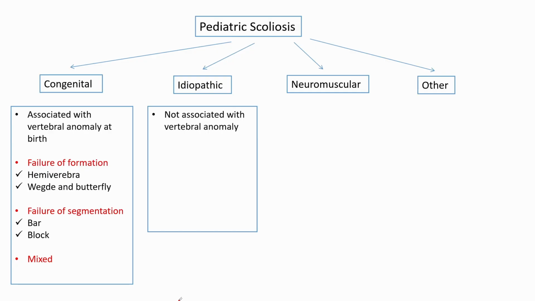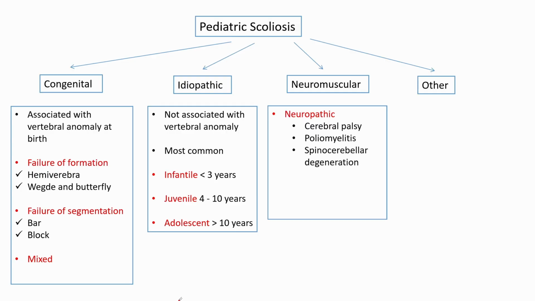Idiopathic scoliosis is not associated with a vertebral anomaly, and there is no other known cause of scoliosis. It is the most common type. It is further divided into infantile type when the child is less than 3 years of age, juvenile between 4 to 10 years of age, and adolescent greater than 10 years of age.